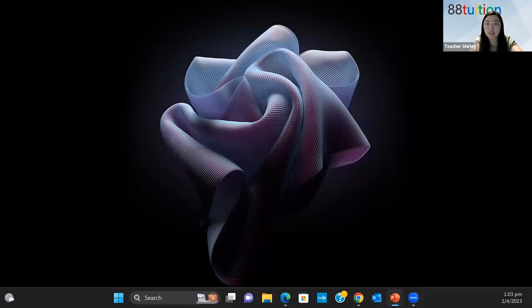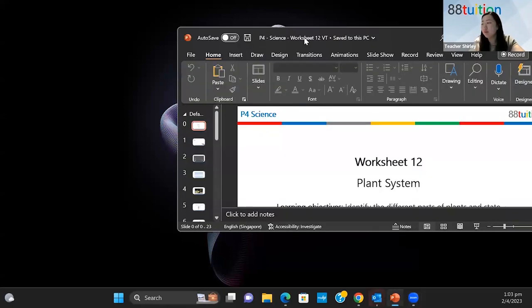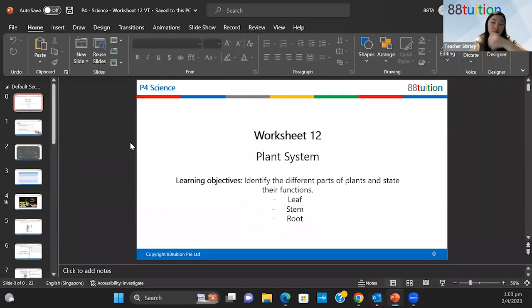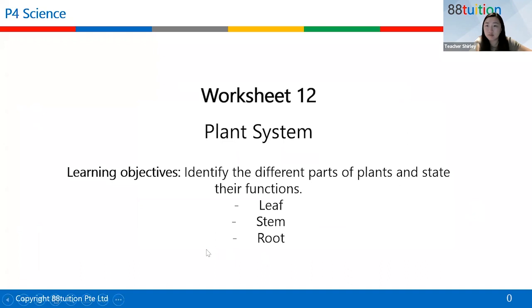Yeah. So for today, we are going to start on a new topic. The previous weeks we have been doing the digestive system as well as human body systems, right? So today we're going to start on plant systems. How many of you have actually learned plant systems already? Yes, Jaden?